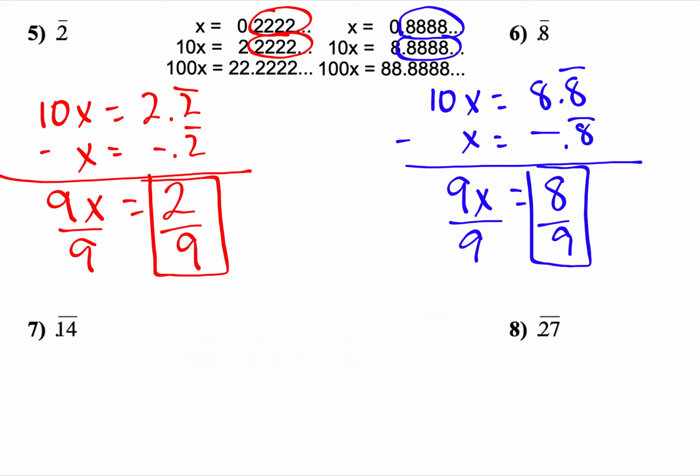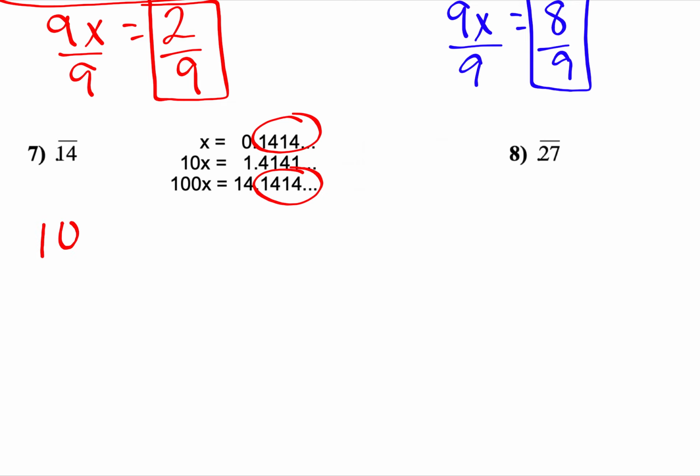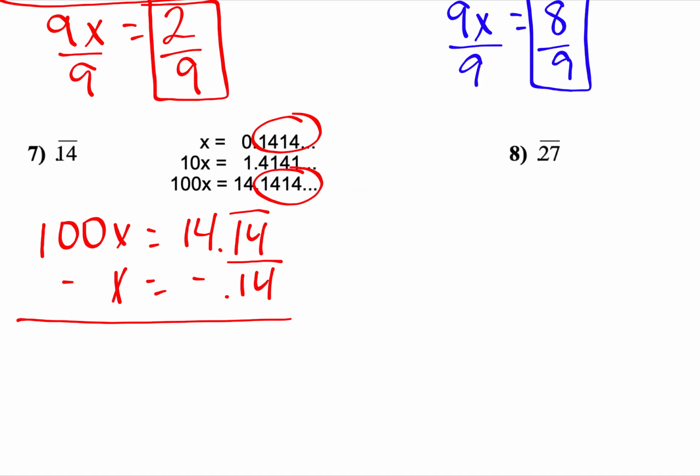Number 7. The first thing we need to do here is consider x, 10x, 100x, and look for 2 of them that have the same decimal parts, and that does happen with x and 100x. So I'm going to take 100x, which is 14.14 repeating, and x, which is 0.14 repeating, and subtract them.